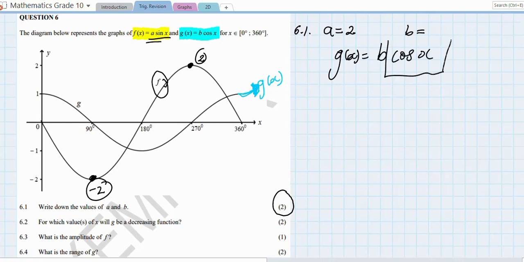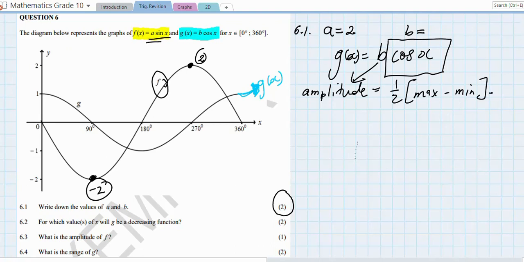The coefficient of that cosine represents the amplitude of the cosine. Now, using the same formula, half of max minus the minimum, I'm going to get the amplitude of the cosine. Now, to proceed with that, I have 1 over 2.